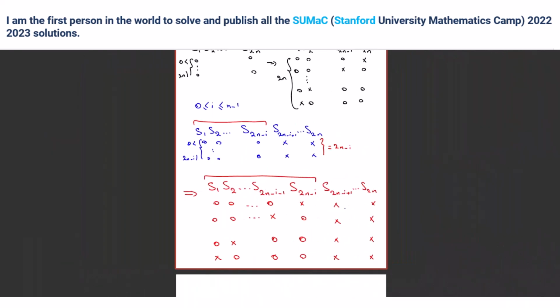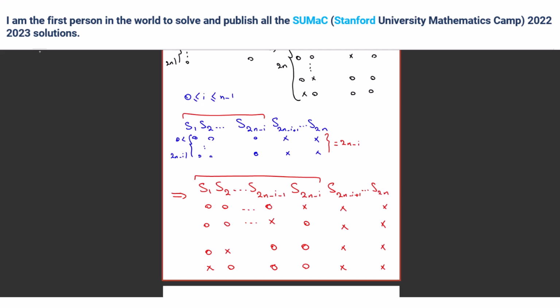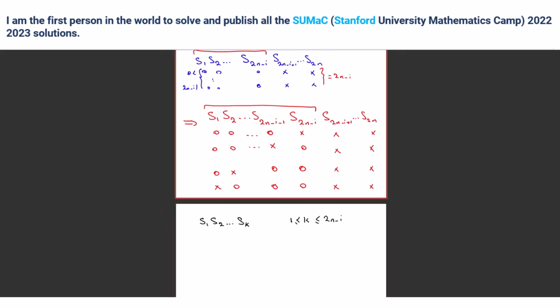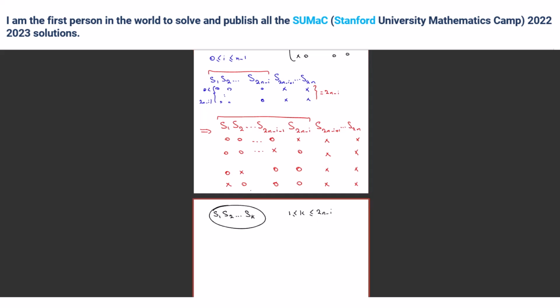Okay, so look here. I want to consider the effect on, for example, S1, S2 to SK, okay? Which case, from 1 to, let's say, 2n minus I, right? And S1 to SK should be in this interval, because if it is outside, some elements outside, this action has no effect, right? So case from 1 to 2n minus 1.